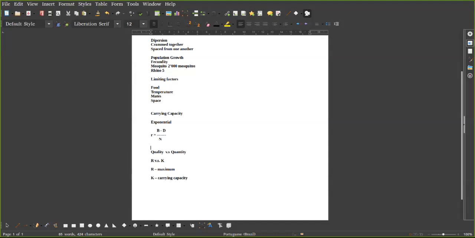So it grows exponentially. And you can know the rate by taking the births minus the deaths over the whole number. So let's say that we have 100 mosquitoes, right? On the Dallas outbreak, 100 mosquitoes, and the deaths at the end of 2 weeks will be 100 deaths.